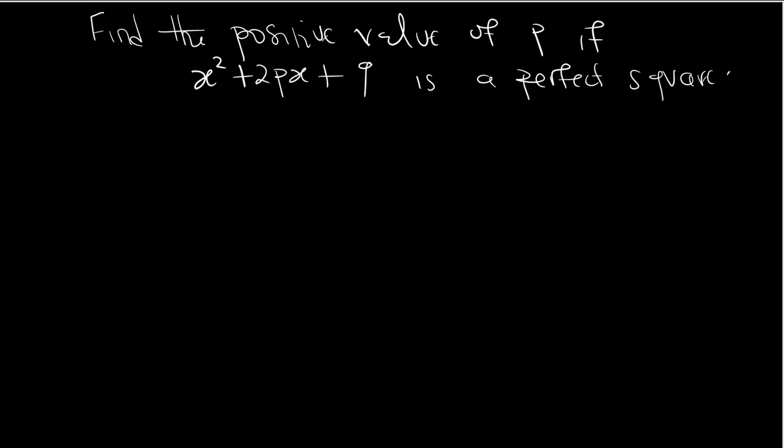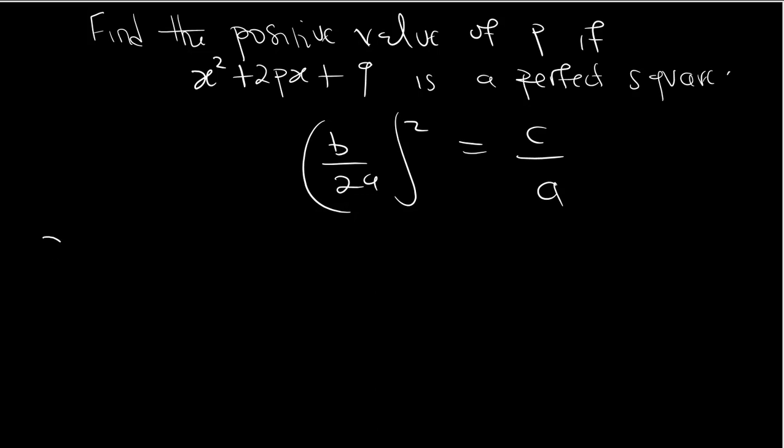Okay, so as usual, we know that for the general quadratic expression, if it indeed is a perfect square, then the condition that should hold will be what? (b over 2a) squared will be equal to c over a. If that is the case, per the expression there, that is x squared plus 2px plus 9, we are going to compare this to the general quadratic expression, that is ax squared plus bx plus c.